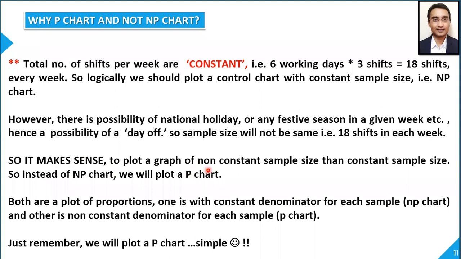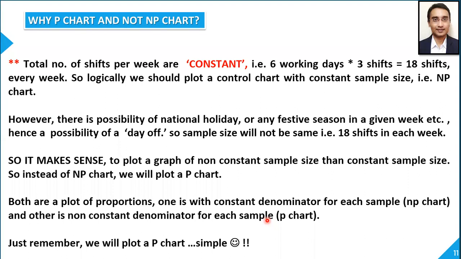Now, is it going to affect our inferences? Certainly not. Why? Because both are plots of proportions. One is with a constant denominator for each sample. The NP chart has a constant denominator at the bottom, and the other, the P chart, has a non-constant denominator for each sample. That's the difference. Let's not get into the nitty-gritties of this. This particular slide is certainly for those people who have a statistical background.